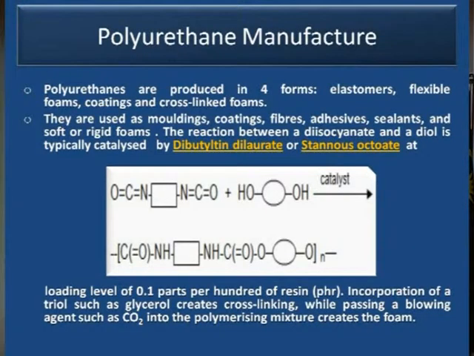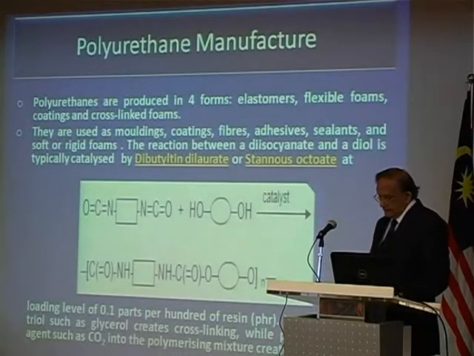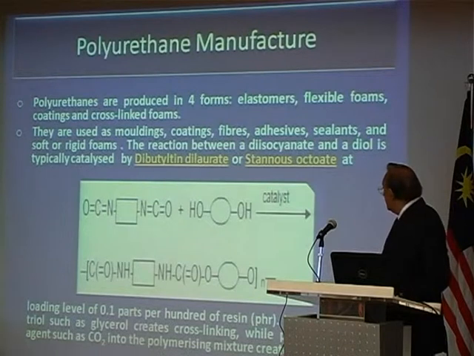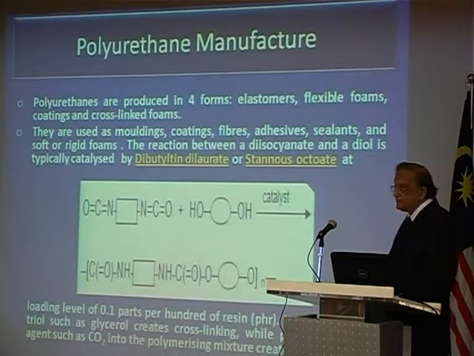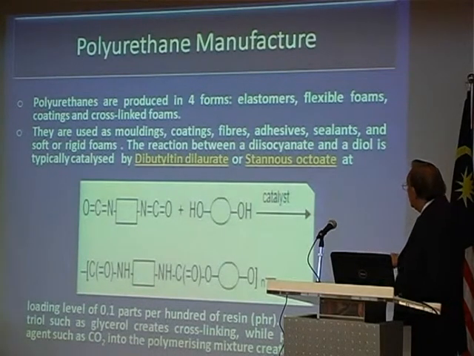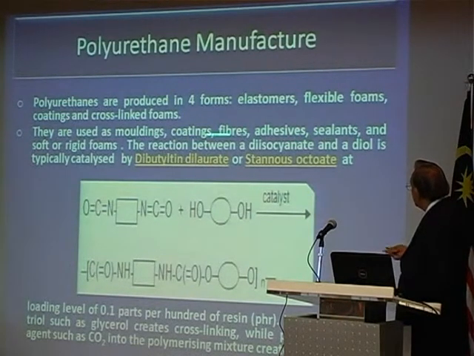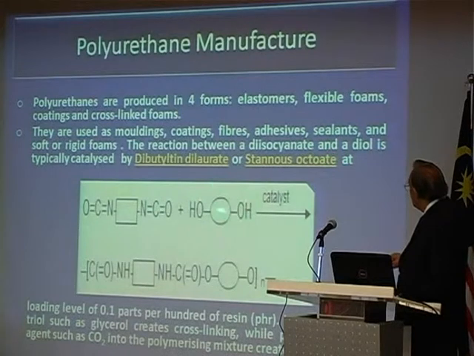Let me take the example of polyurethane. Now, urethane is a carbamate ester which is formed when an isocyanate reacts with an alcohol. In polyurethane, you have multiple carbamate groups, and polyurethanes are used as moldings, coatings, fibers, adhesives, and so on. The reaction is between a diisocyanate and a diol, and you need a catalyst, which is a tin catalyst.